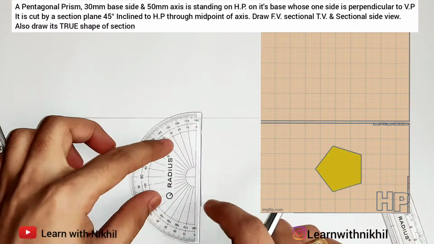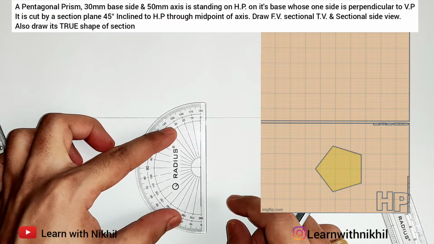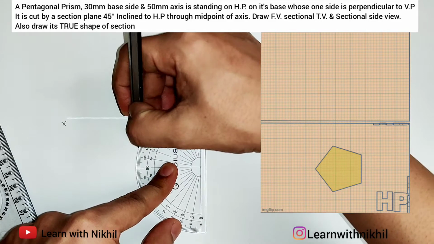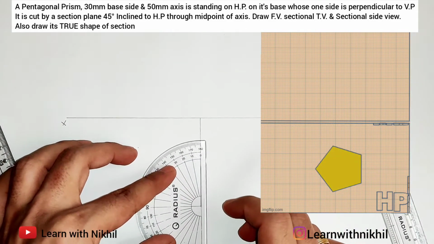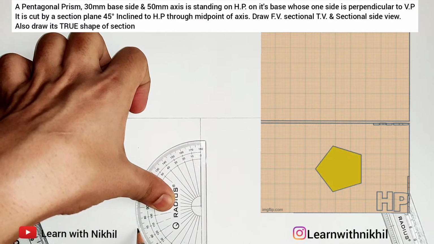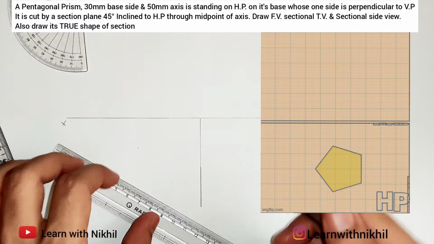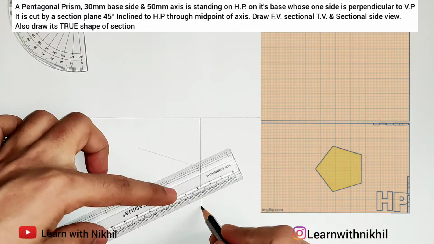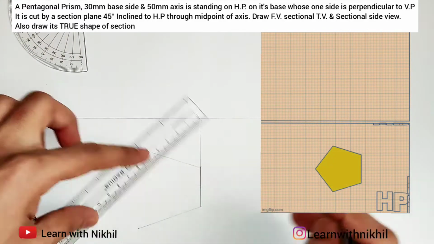Now as you know, the angle of the pentagon is 108 degrees. So from both the ends, I'll mark the point at an angle of 108 degrees. Then we'll draw light lines through them, as the side of the pentagon should be 30 mm.